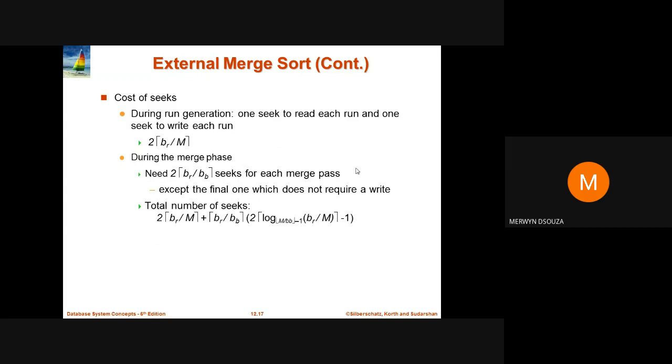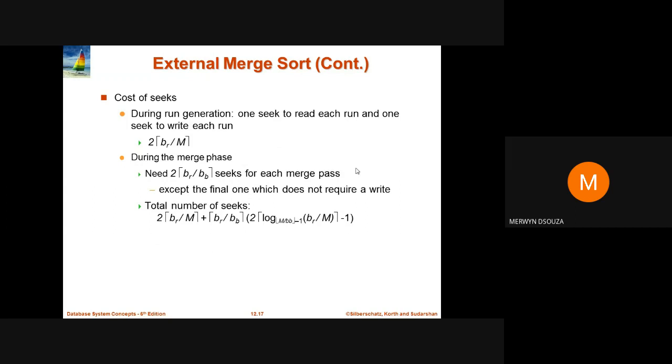The cost of the seeks will be as follows. During the run generation, one seek is needed to read each run and one seek is needed to write each run. Therefore, the cost is 2 into br divided by m. During the merge phase, we need 2 br divided by bb seeks for each merge pass, except for the final one, which does not require a write because the output of that may be sent to the parent operation.